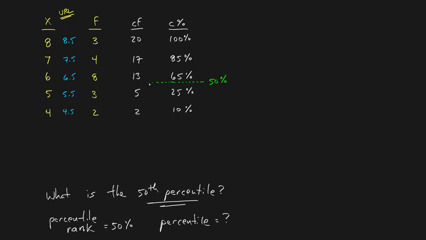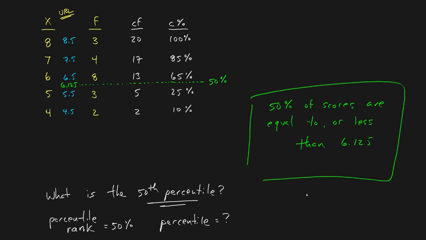If we move this all the way over, we knew it was going to be somewhere between 5.5 and 6.5, and it ends up that the value is 6.125, which means that 50% of scores are equal to or less than 6.125. And so we used interpolation to find that answer.